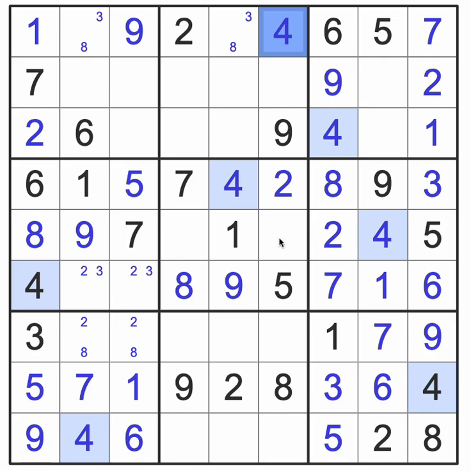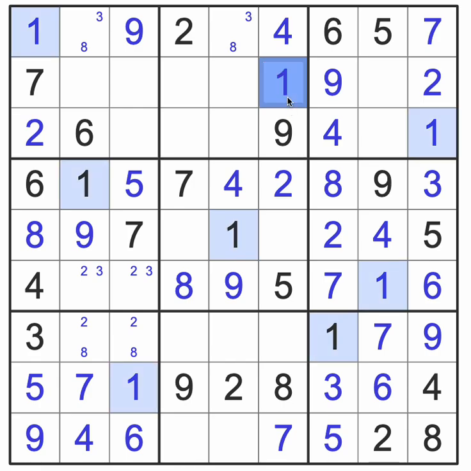1, 3, 6, 7. And 7 here blocks this cell. This 7 blocks here. And this 7 blocks here. So 7 can only come here. 1 blocks here. This 1 blocks here.